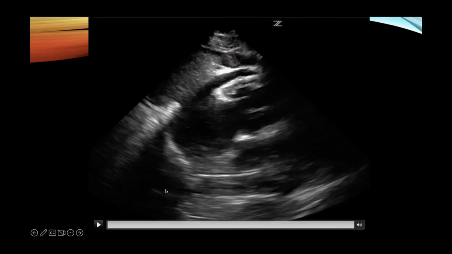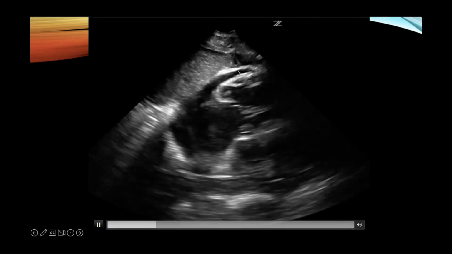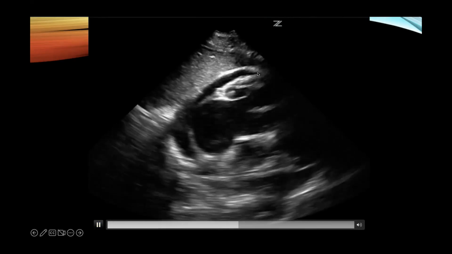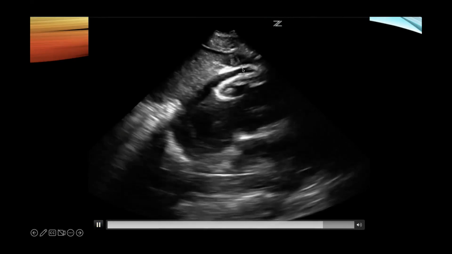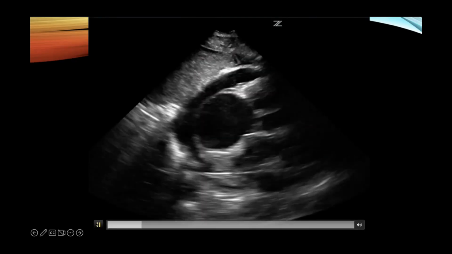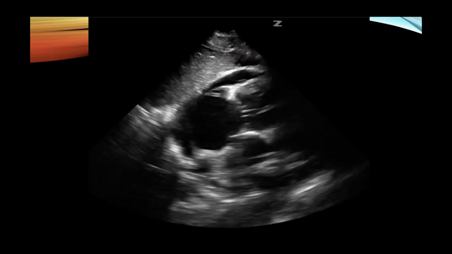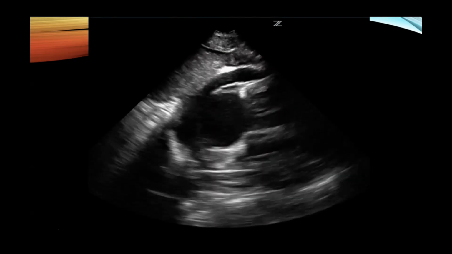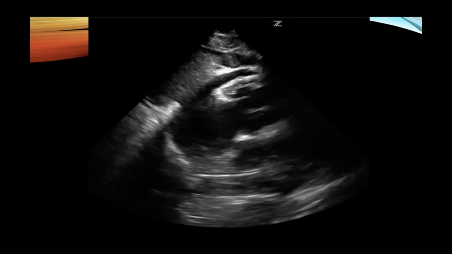So we can see fluid both in the abdomen and around the heart too. That could be a little bit tricky. But if you follow the heart and the pericardium, you can see the fluid limited within the pericardium around the heart. And then at the top, we can see it in the abdomen. So you could see fluid in so many places. Sometimes it could be hard, but this one has it in the abdomen.